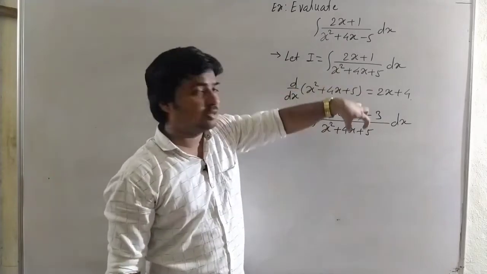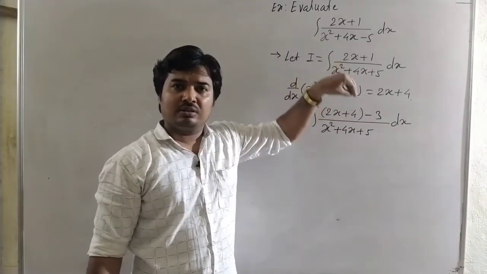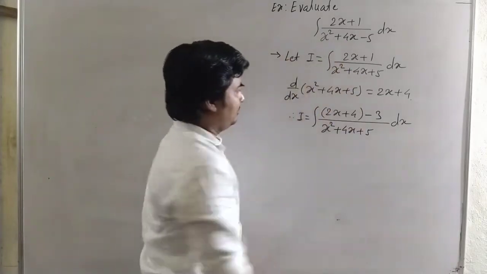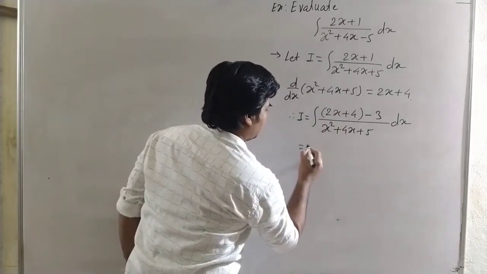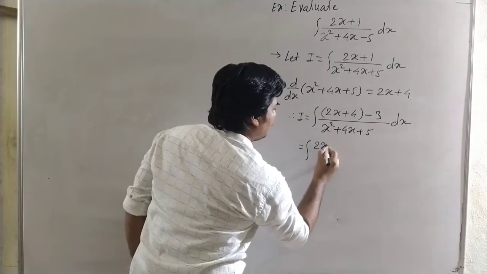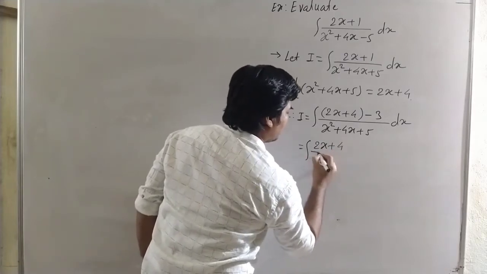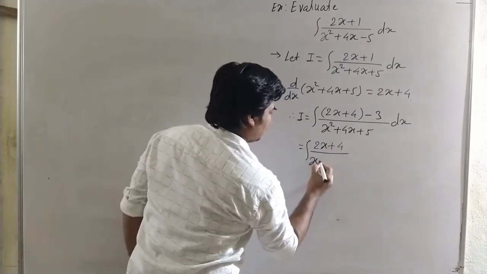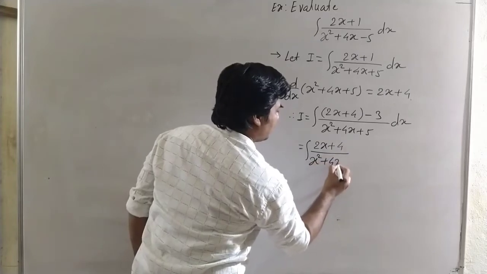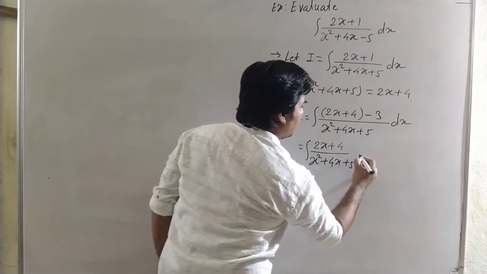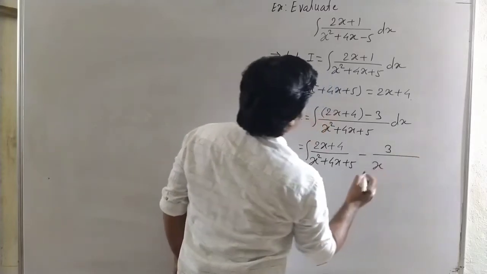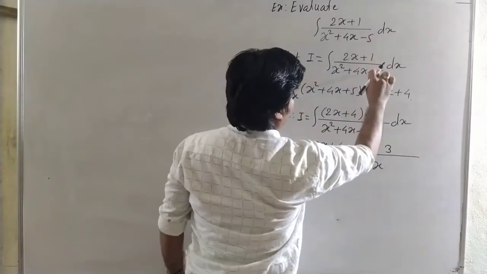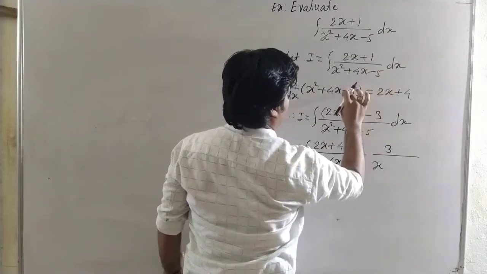And this adjustment we have already learned in our lecture number 6. Now separate this. Integral of 2x plus 4 upon x square plus 4x plus 5 minus 3 upon, it is plus 5. Okay, here it is a 5.